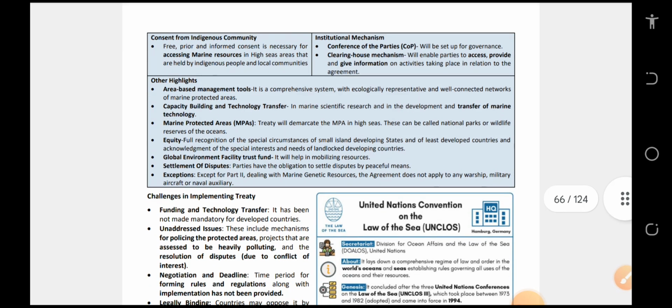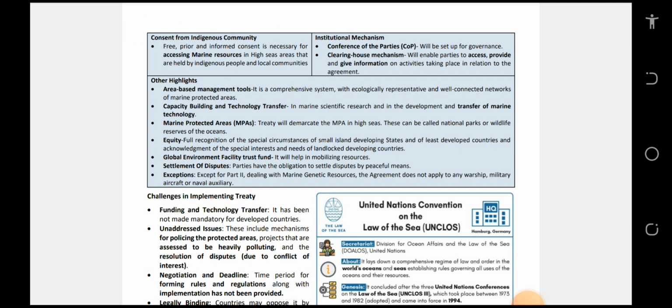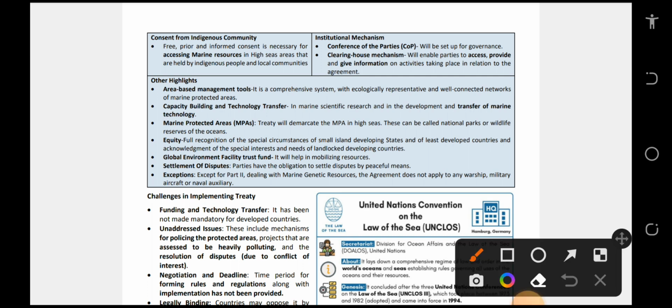The next point given here is consent from the indigenous community. What is consent from the indigenous community? Prior and informed consent is necessary for accessing marine resources in the high sea area that are held by indigenous people and local communities.